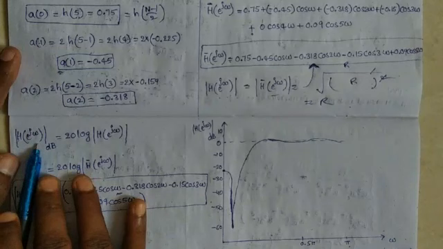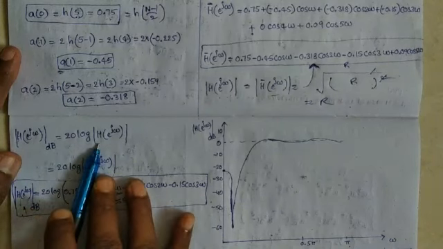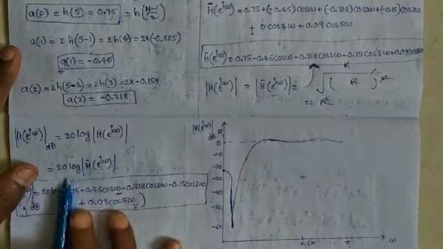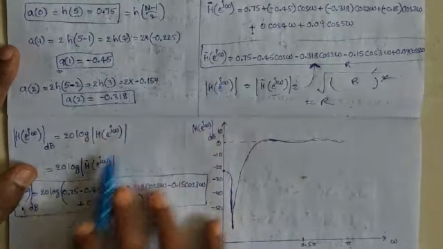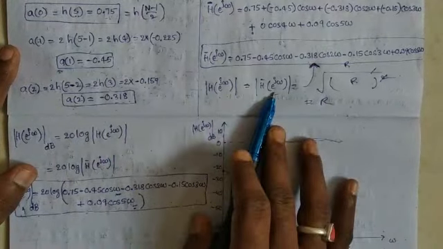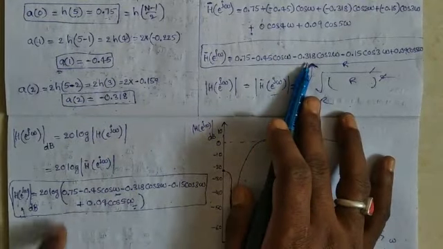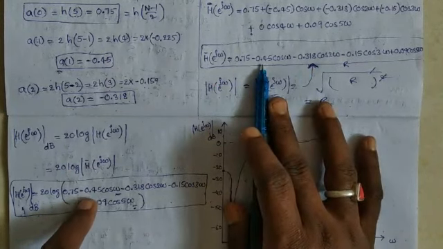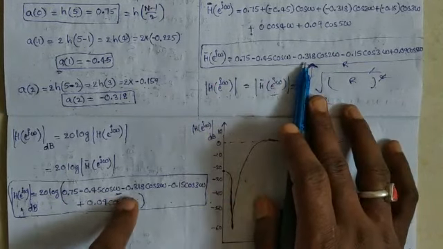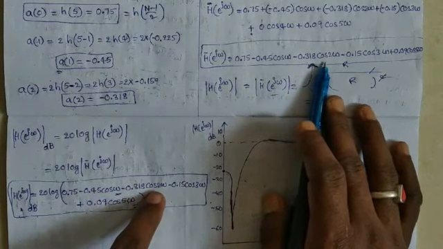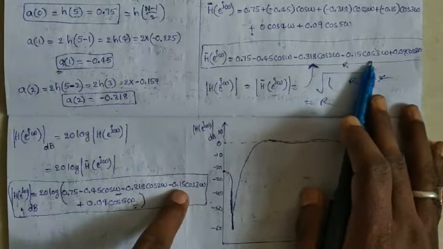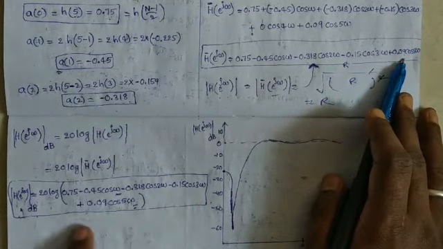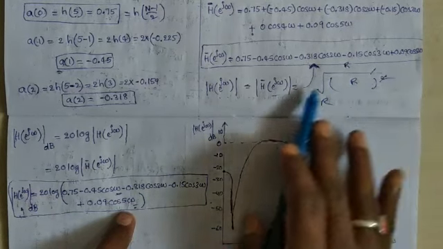Decibel magnitude of h of e power j omega is equal to what? 20 log of mod h of e power j omega, which is equal to 20 log of 0.75 minus 0.45 cos omega minus 0.318 cos 2 omega minus 0.15 cos 3 omega plus 0.09 cos 5 omega.